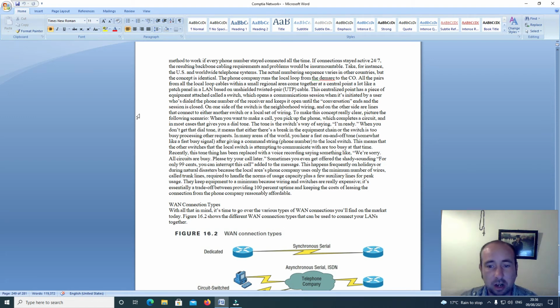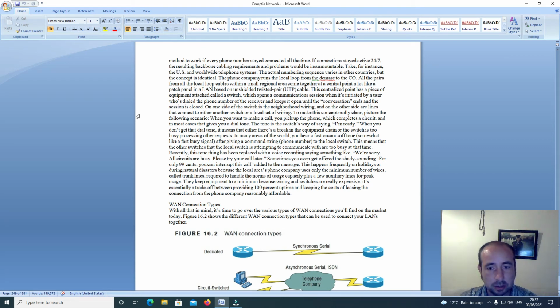This centralized point has a piece of equipment attached called a switch, which opens a communication session when it's initiated by a user who's dialed the phone number of the receiver, and keeps it open until the conversation ends and the session is closed. On one side of the switch is the neighborhood wiring, and on the other side are lines that connect to either another switch or a local set of wiring.